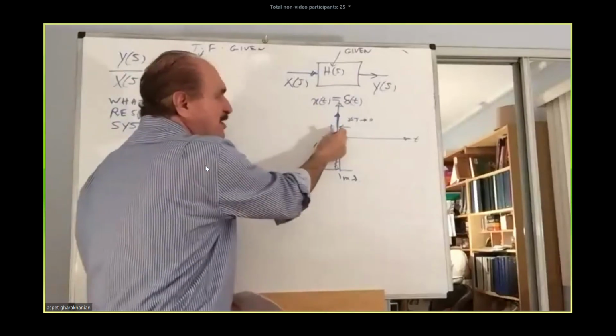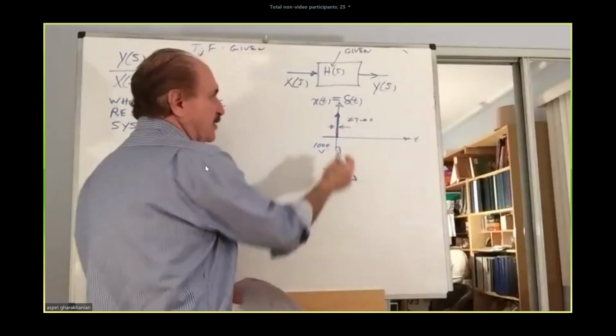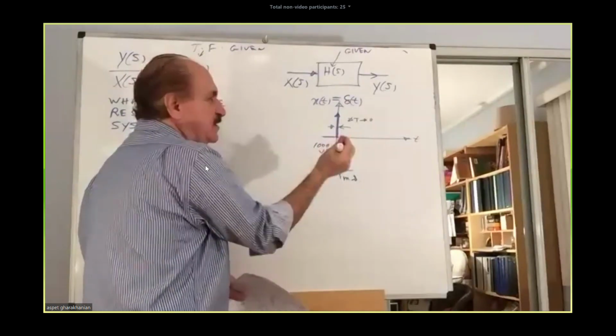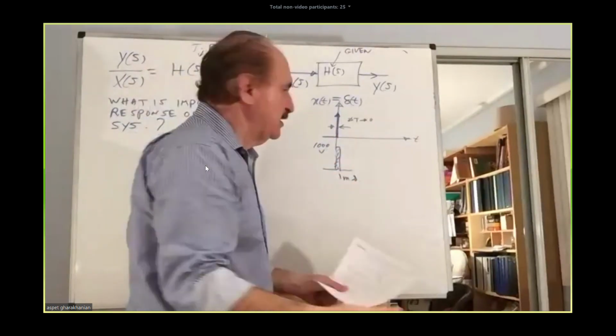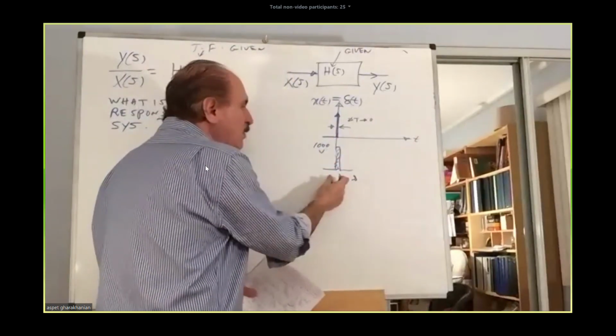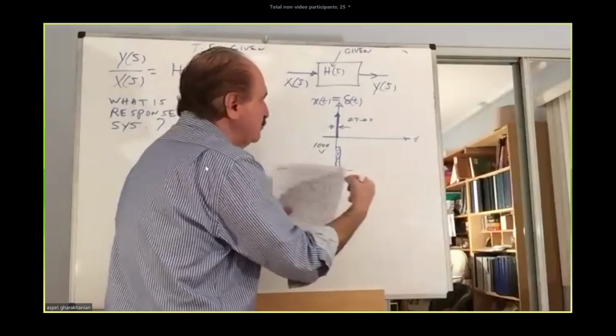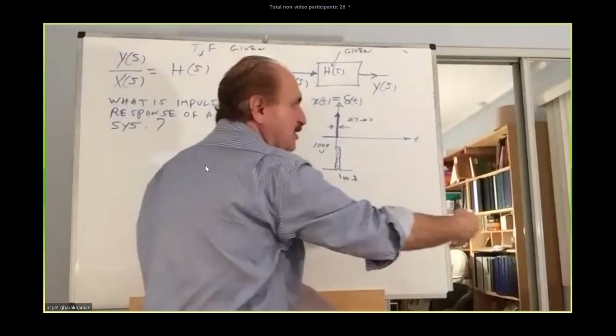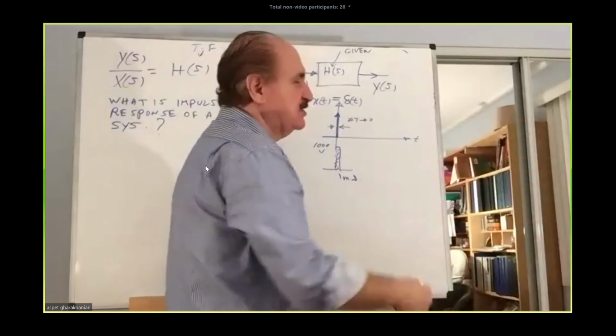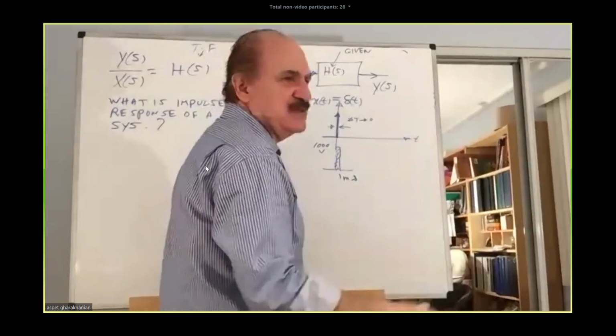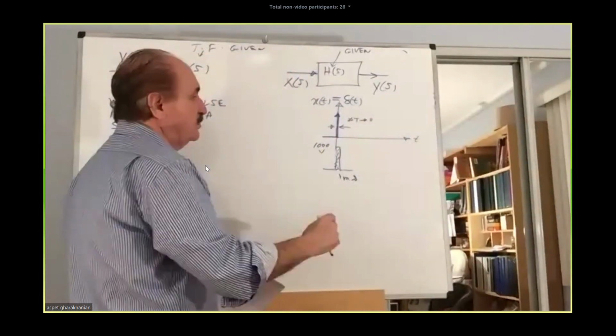It should, because delta t is only theoretical concept. Its width is infinitely small. Well, we don't have infinitely small. 1 millisecond will be infinitely small if the response of the system is several seconds or several tens of seconds. It will be considered an impulse.